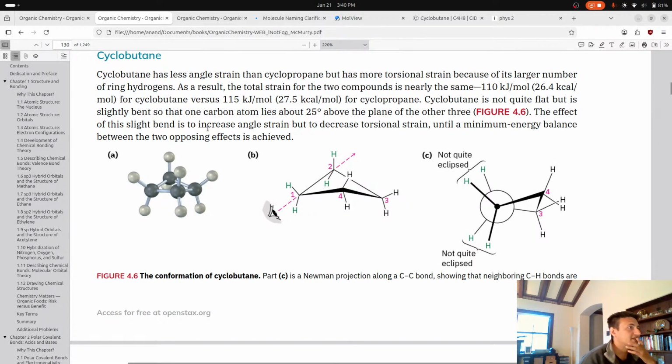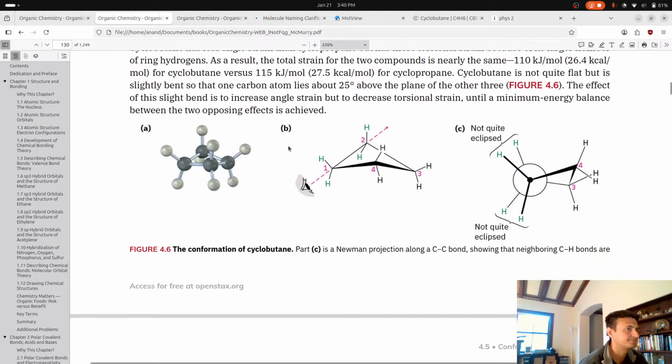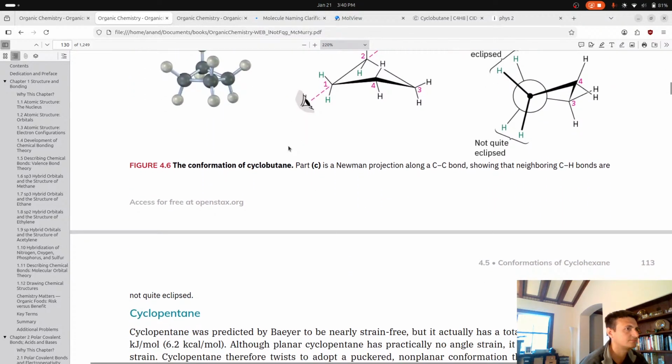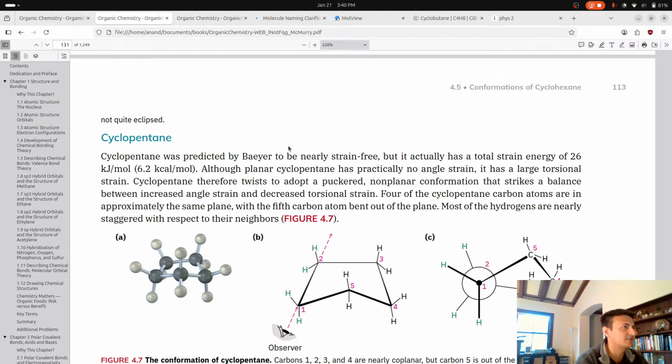The effect of this slight bend is to increase angle strain, but to decrease torsional strain until a minimum energy balance between the two opposing effects is achieved. Cyclopentane was predicted by Bayer to be nearly strain-free, but it actually has a total strain energy of 26 kilojoules per mole.